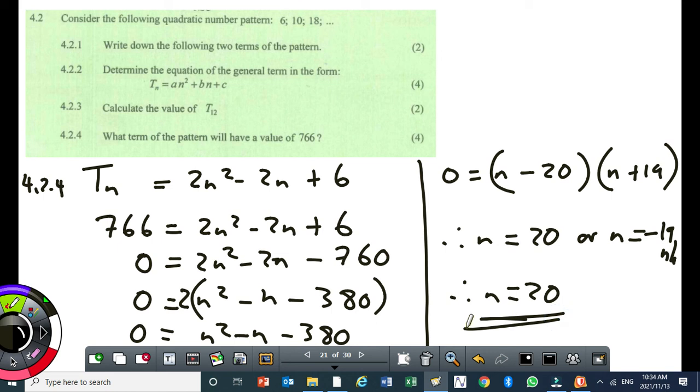So, the 20th term is going to be equal to 766. So, here I can say T20 equal to 766. Are you following that? Right. It's clear everywhere.